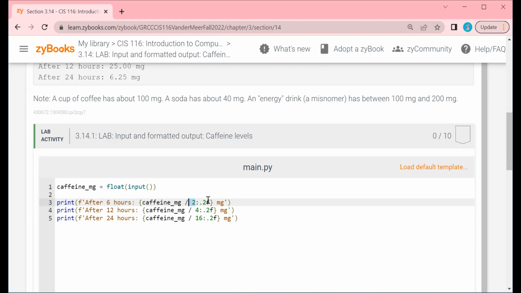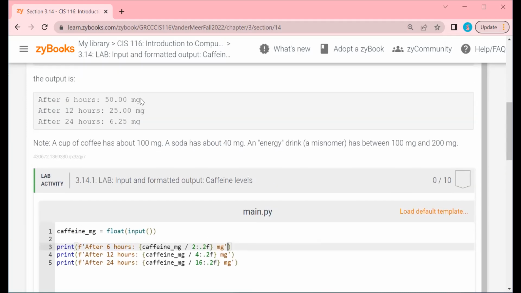Okay, and rounding it to 2. So the whole string that we're formatting starts there and it ends here, because then that will match my output after 6 hours.